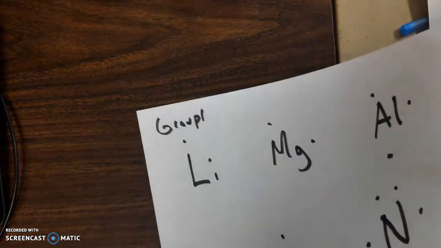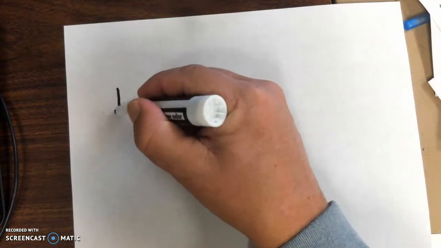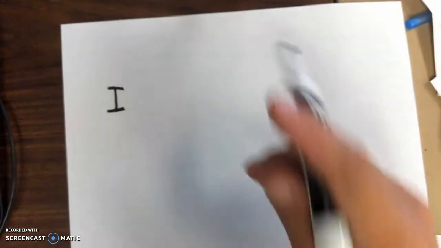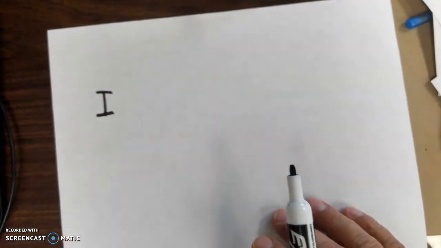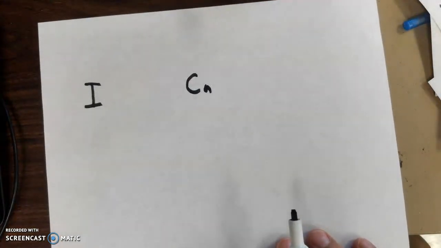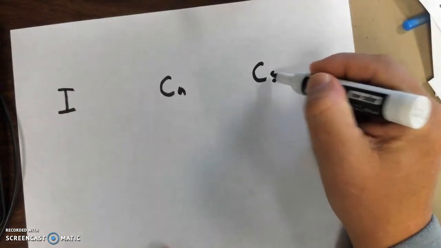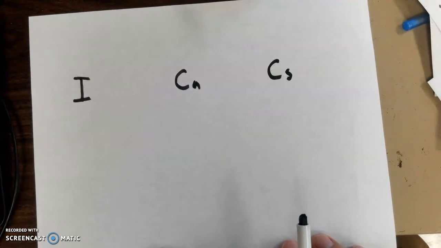So let me finish with a mini quiz for you. Please draw an electron dot model for iodine. Please draw an electron dot model for calcium. And please draw an electron dot model for cesium. Take a minute and do that.